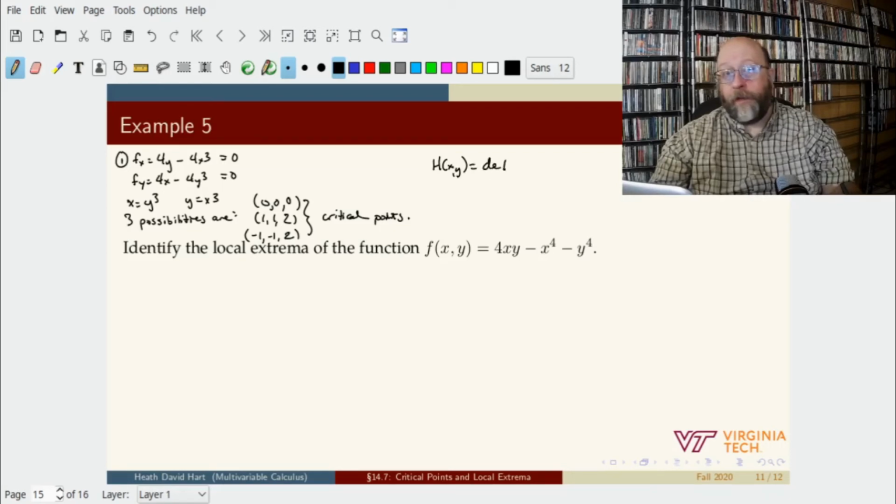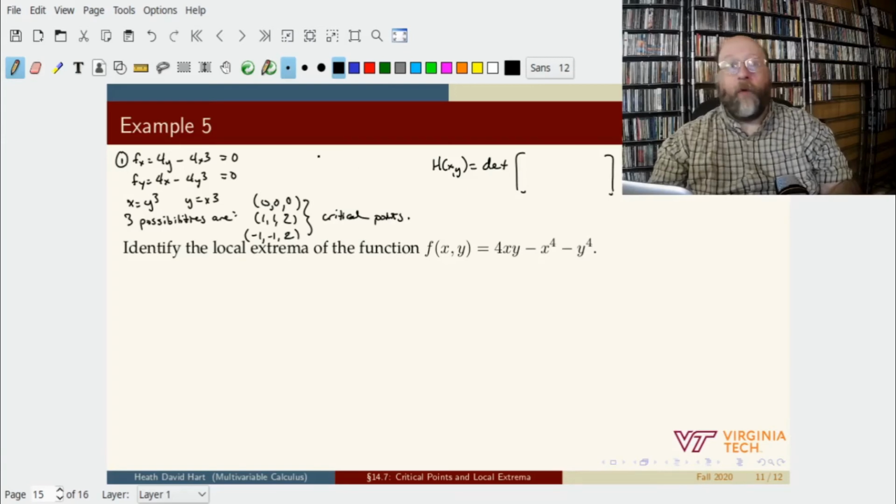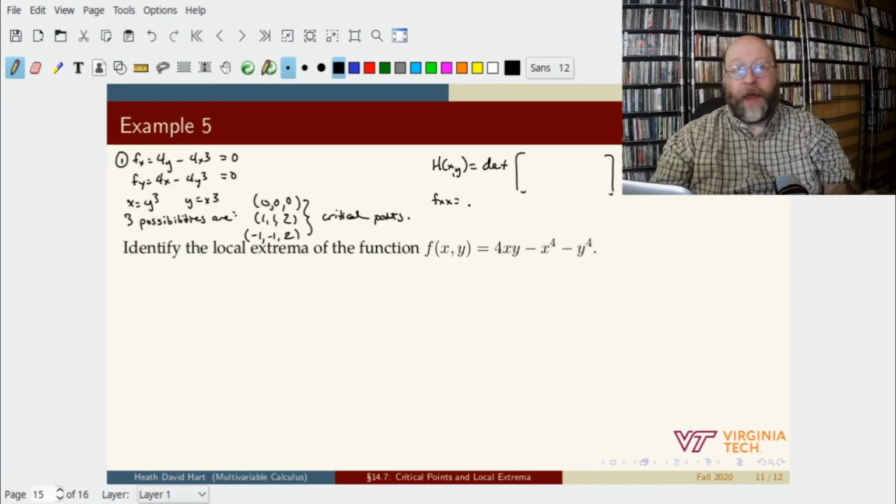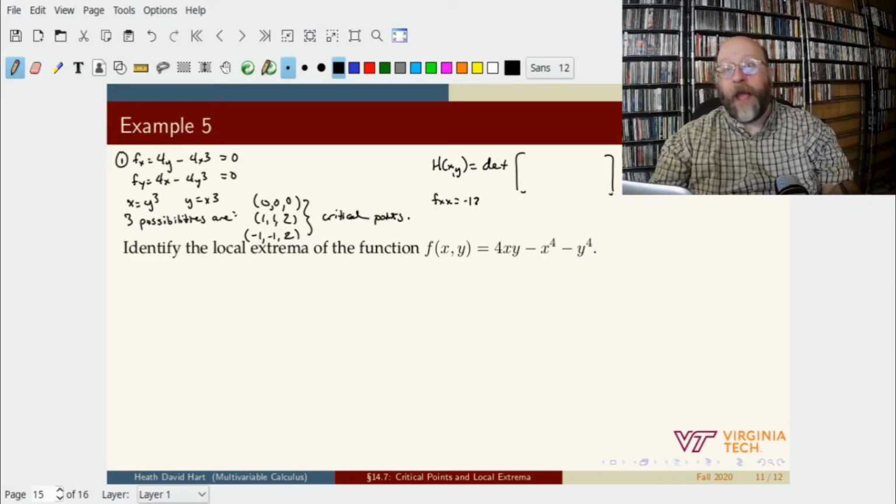It's the determinant of this matrix here. We have to take the second partial derivatives. So fxx, we start with this function, we take the derivative again with respect to x, and we get negative 12x.